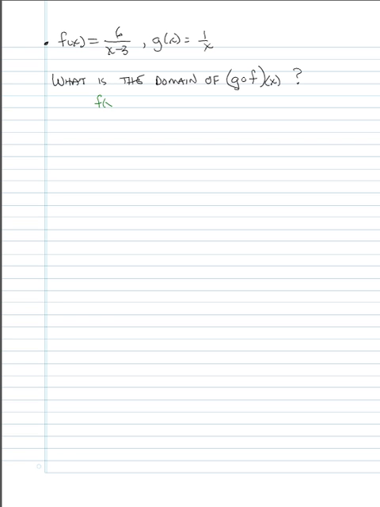See, f of x must be defined. Okay, and so that means x can't be 3, otherwise we'd have 6 over 0. Whoops, I got those backwards, didn't I? So that means x cannot be equal to 3. Otherwise, we'd have 6 over 0.